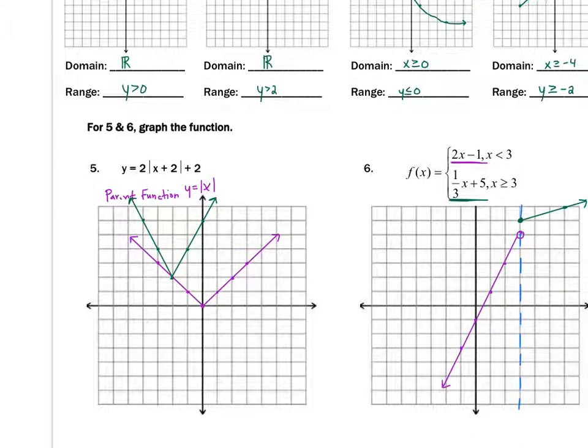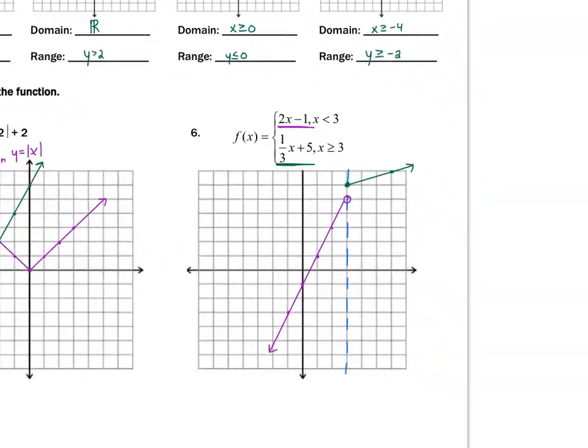So now we go right 1, up 2. We went right 2, up 2 in the parent function. So now we multiply that y by 2. So we go right 2, up 4. And then the opposite on the other side. These absolute value functions are always going to be symmetrical. So that's where we end up with our final function in green.